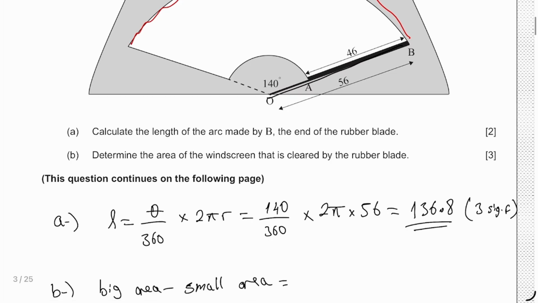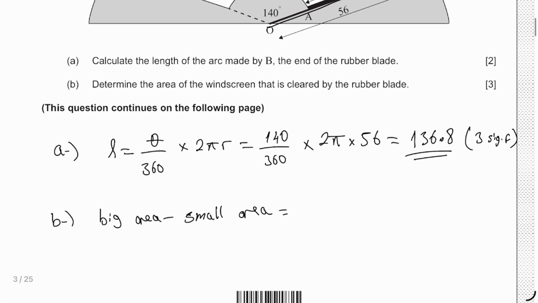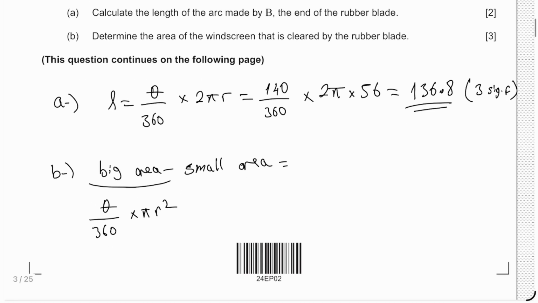So what is the big area? What is the formula for this one? Area of a sector, theta over 360 times pi r squared. This is the general formula. So let's calculate it. Our angle is 140 over 360 times pi times r squared.